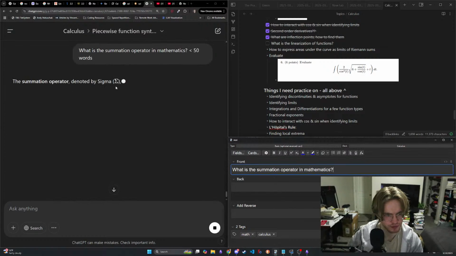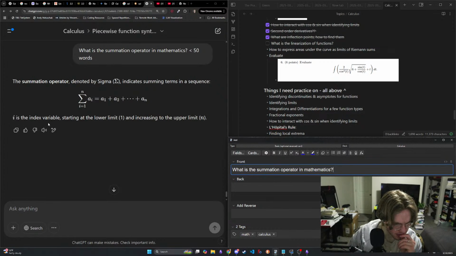I is the index variable starting at the lower limit 1 and increasing to the upper limit n. And n is specified here. Okay, I think that makes sense.